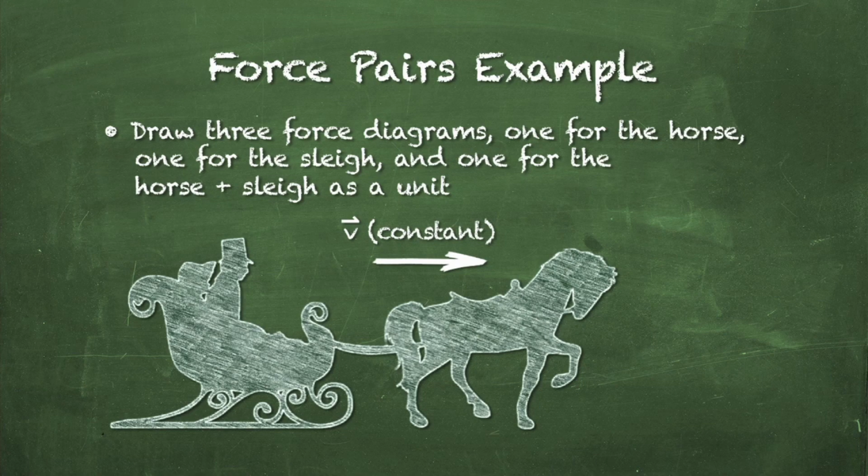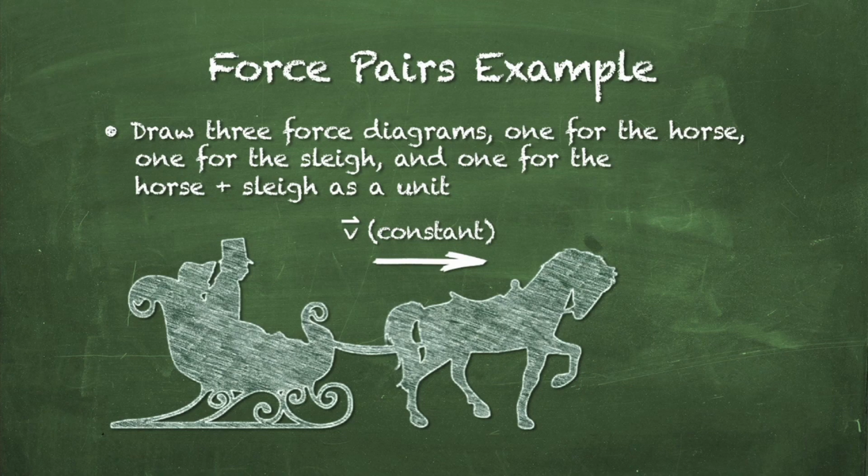Draw the sleigh, and then draw all of the forces on the horse, draw all of the forces on the sleigh, and then in a third diagram, the horse and the sleigh together will be a single object, or a single box. So please try that.